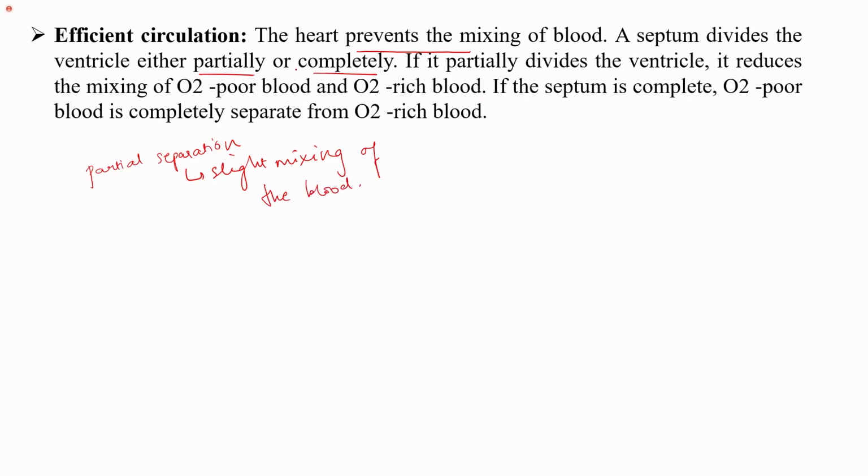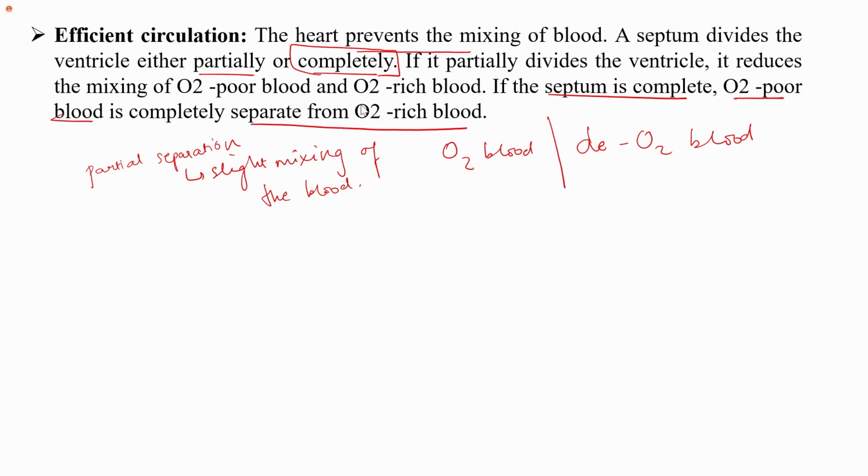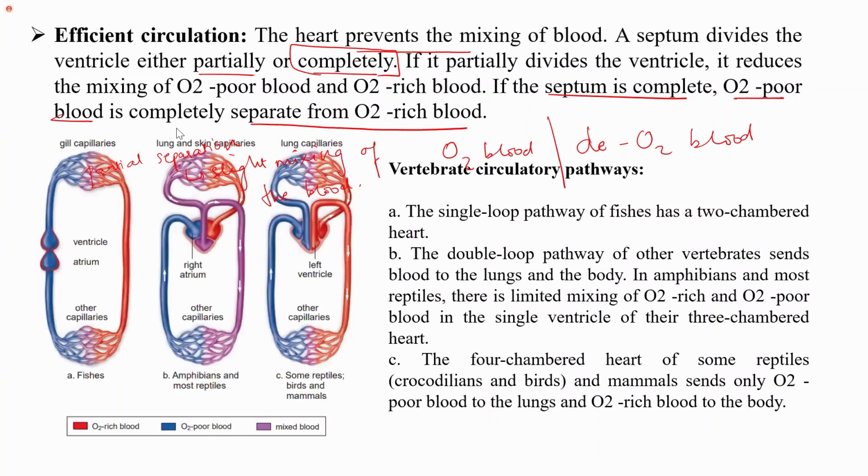But when there is a complete separation, the oxygenated blood remains separated from the deoxygenated blood. So the septum is complete, oxygen poor blood, that is the deoxygenated blood, is completely separated from the oxygen rich blood. So you can see here, if I erase these points, just a second.